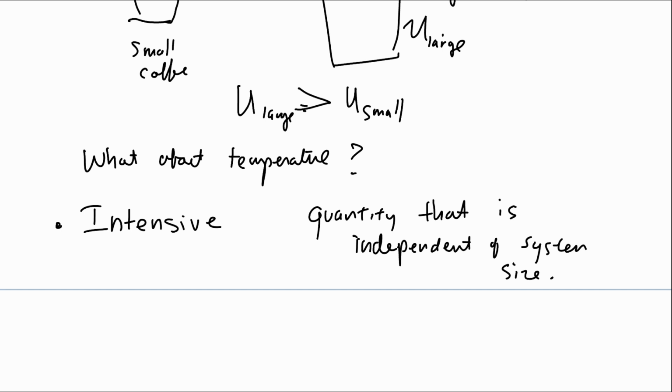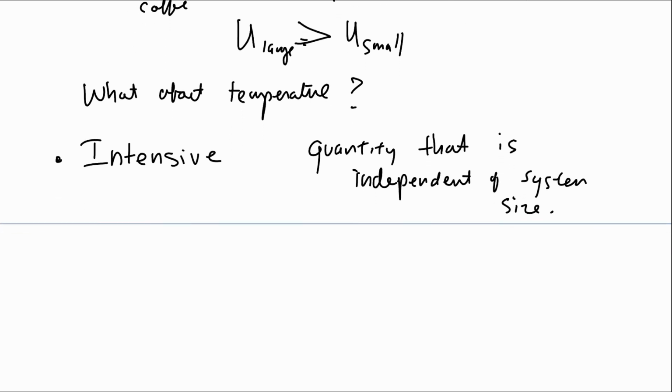What I mean by this is, if I have a given thermodynamic state, let's say an ideal gas, and then I double its size, all the extensive variables double, but the temperature doesn't double, the pressure doesn't double, and things like that don't double.